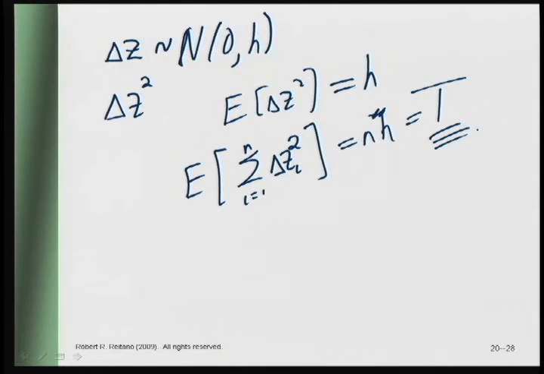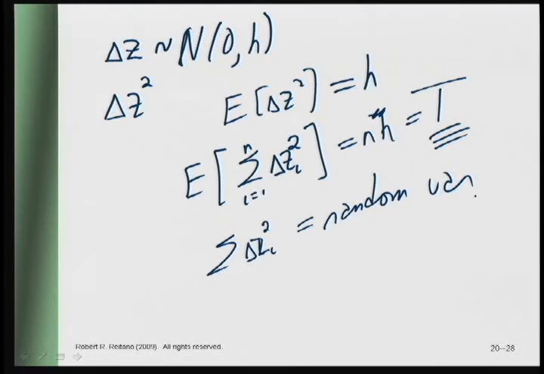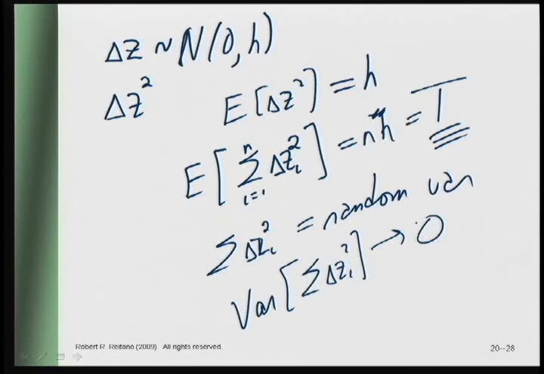The interesting thing, though, is that even though the sum of these squares is a random variable, the point is the variability of that random variable goes to 0. The variance of this sum of squares goes to 0 when h goes to 0.